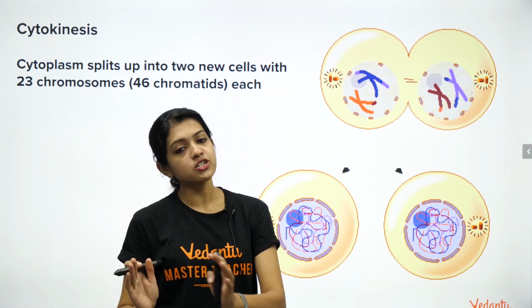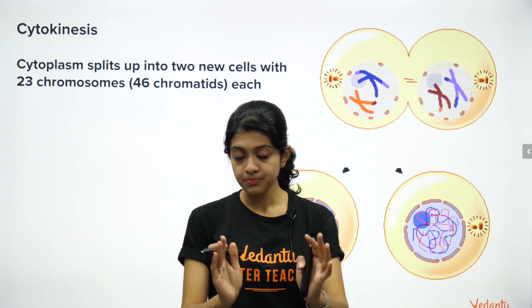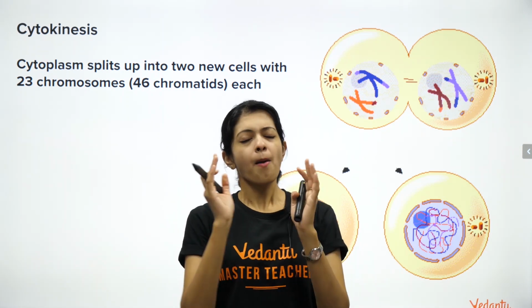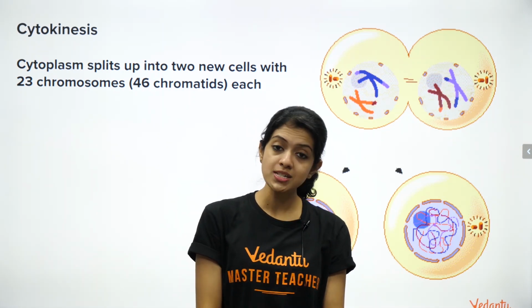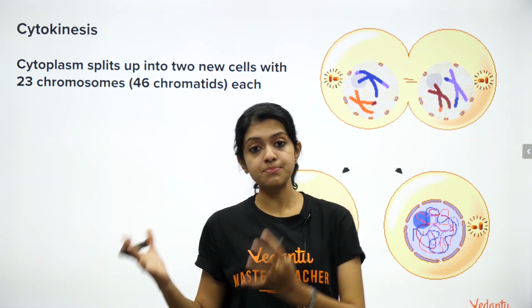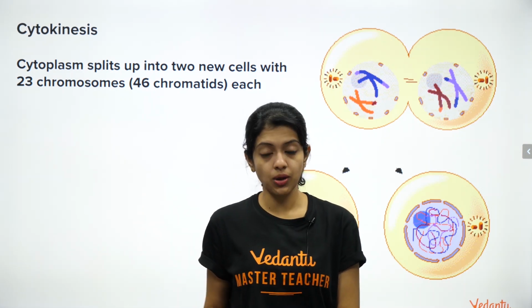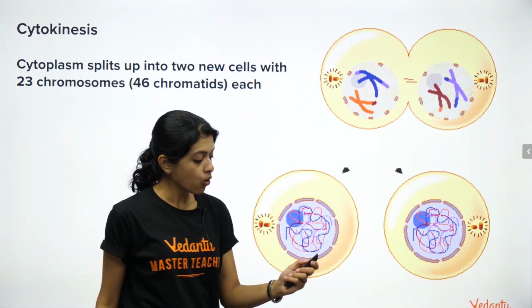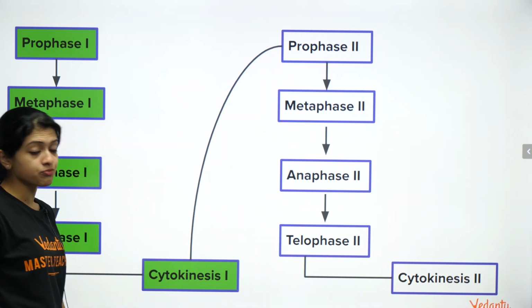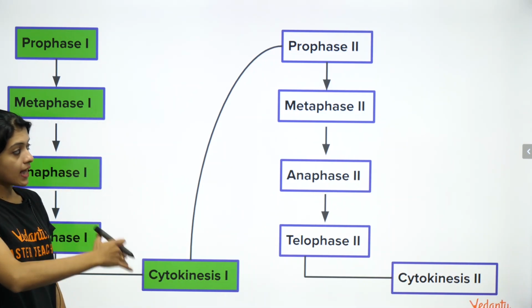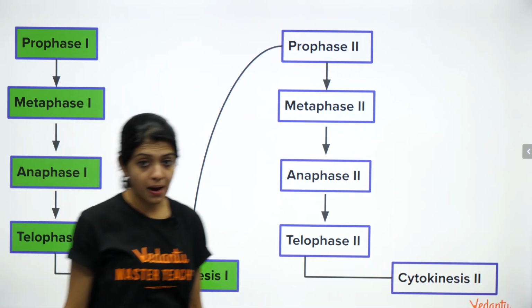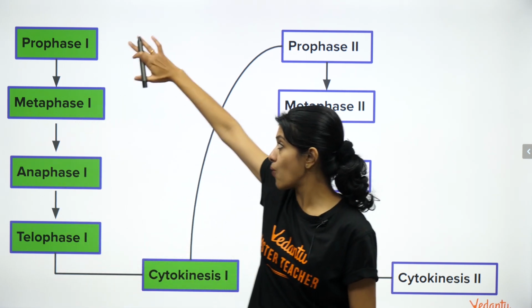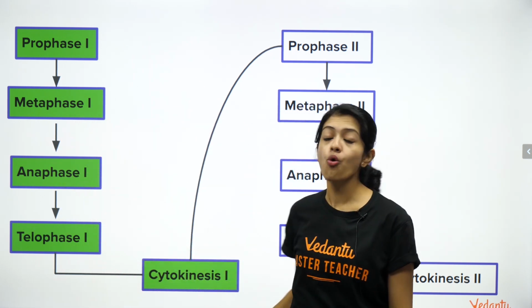Now, if you have understood meiosis 1, children, meiosis 2 will be much simpler because it is very similar to mitosis. For now, let us look at the progress that we have made so far. These are the different stages that happen in meiosis, and in meiosis 1 we have gone through so many stages.